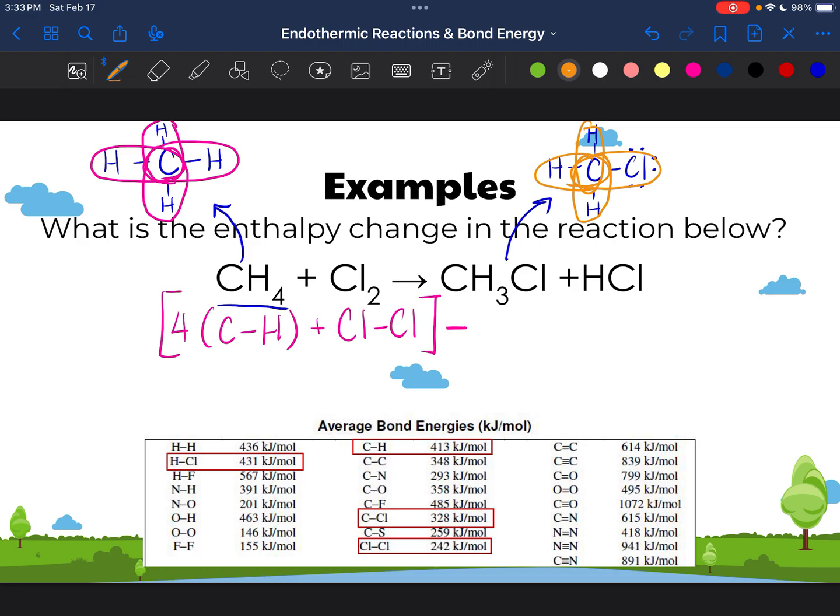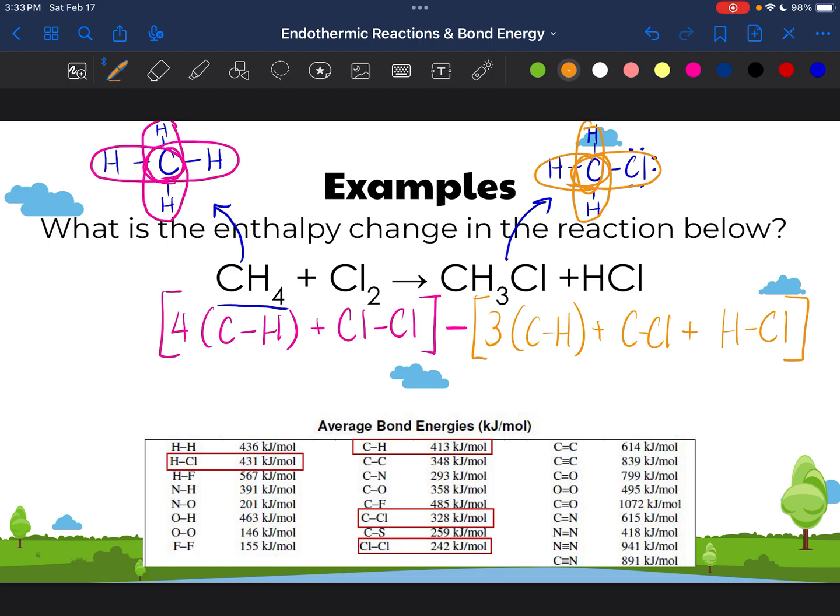So right now we have 3 C-Hs, along with a C-Cl. Plus, we have H and Cl together. And that's how we write down the full Lewis structure, getting the grasp of it along the way.